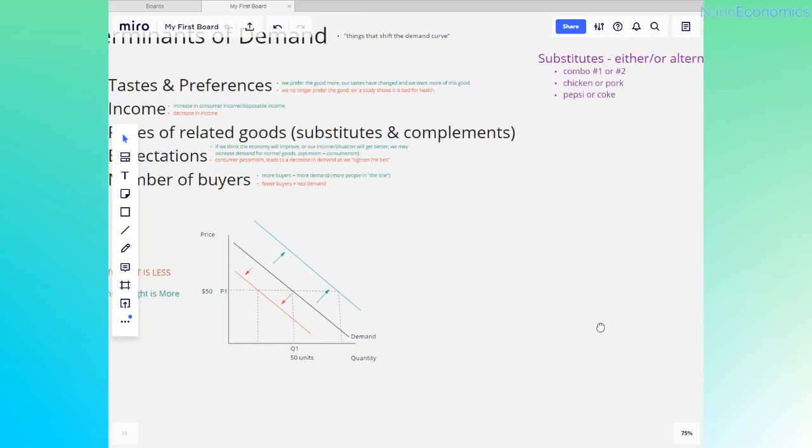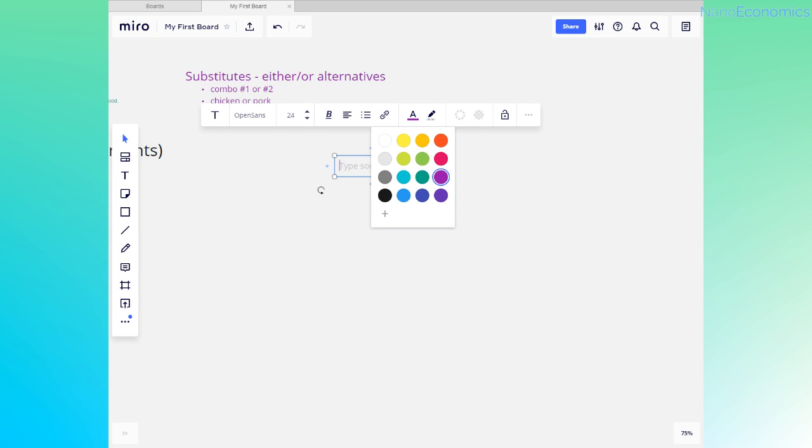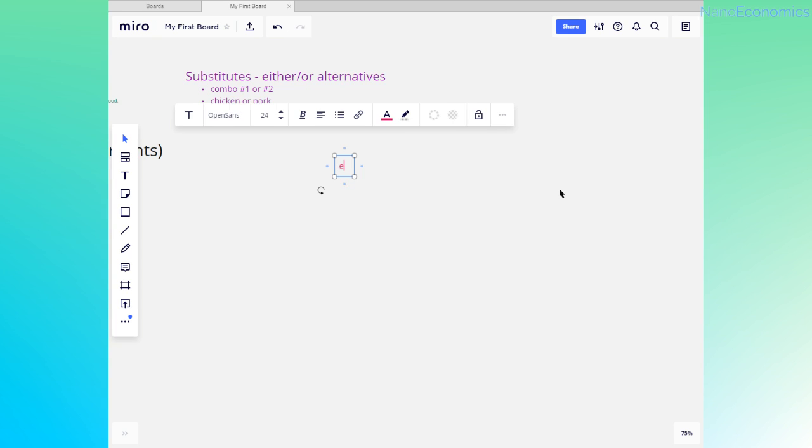So we're not going to order both combo number 1 and 2. We're going to pick one, and they're going to be substitutable. So for example, if combo number 2 is higher priced, and we see them as equally satisfying, we're going to choose combo number 1. And the opposite is true.